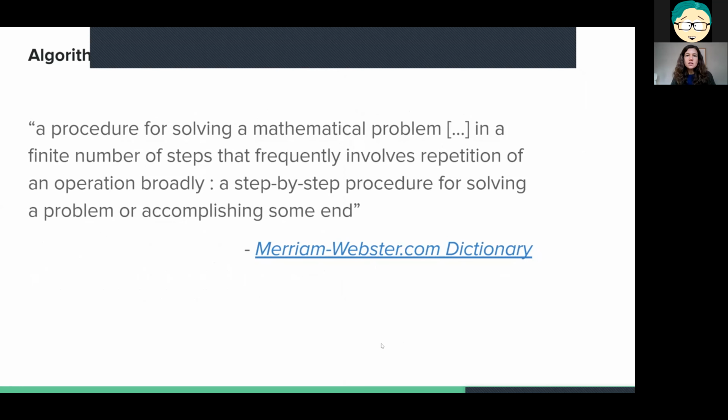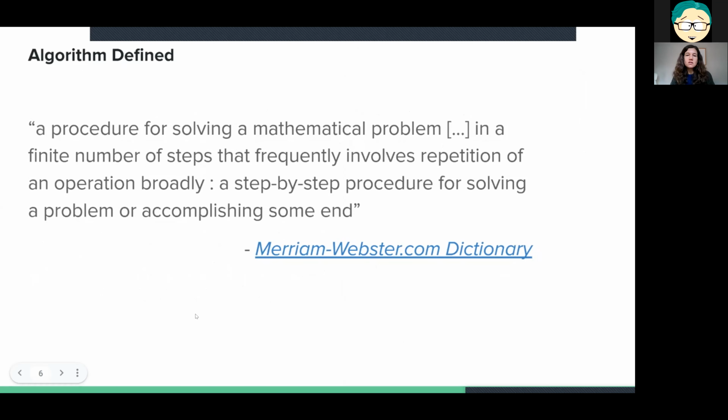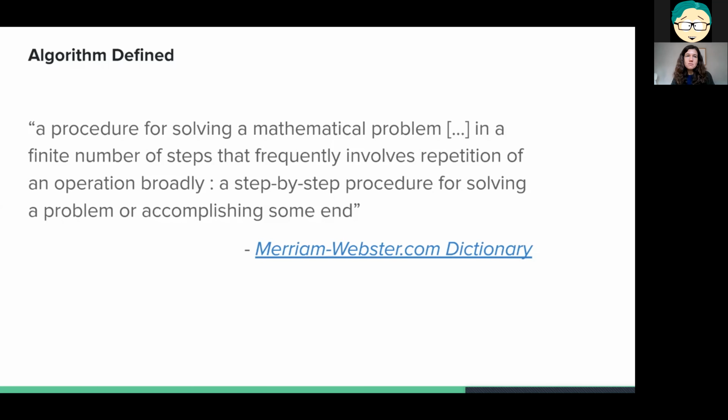Okay, so to get us basically on the same page, let me give a little bit of overview of the topic. So first of all, let me define what an algorithm is. So this comes from the Merriam-Webster dictionary: a procedure for solving a mathematical problem in a finite number of steps that frequently involves repetition of an operation; broadly, a step-by-step procedure for solving a problem or accomplishing some end.